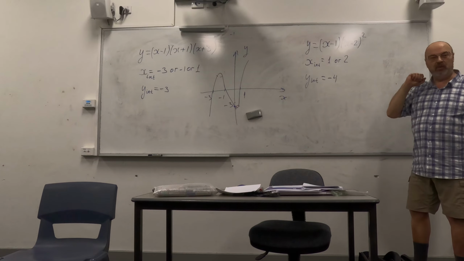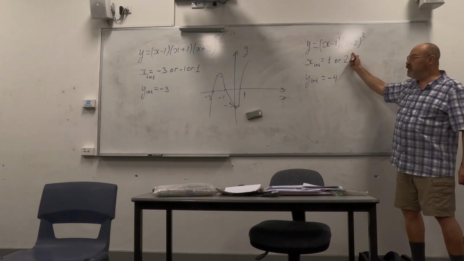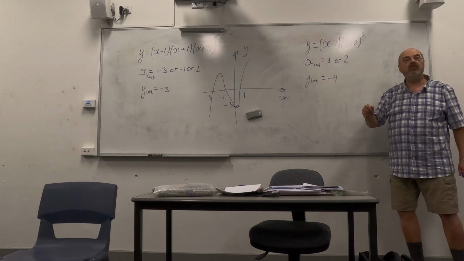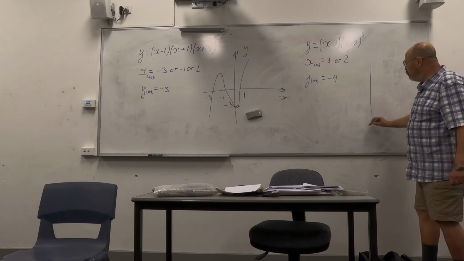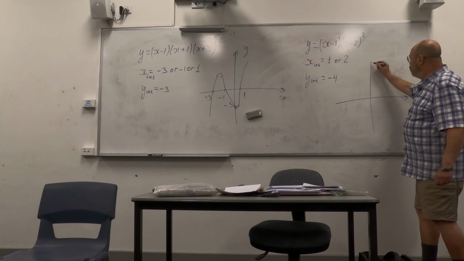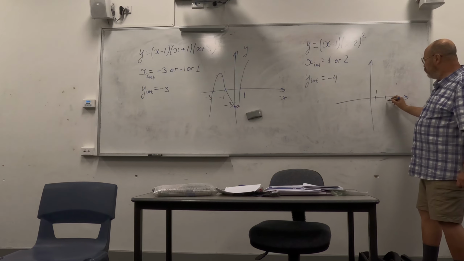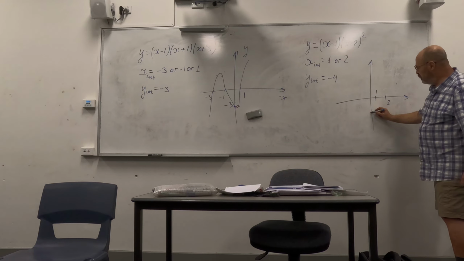But we have only 2 x-intercepts, and one factor is repeated. That means at x equals 2 it does not cross the x-axis, it just bounces off it. So the graph will look like this. We have 1, we have 2, and this is -4.